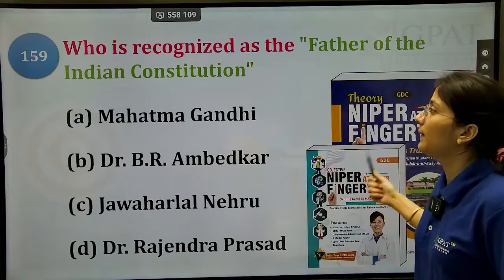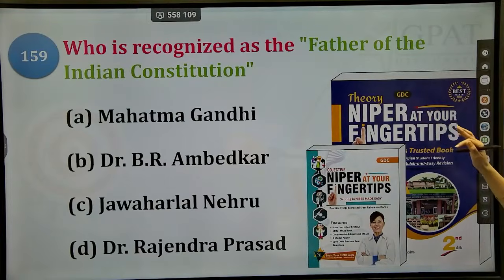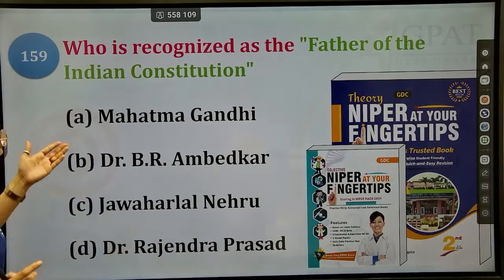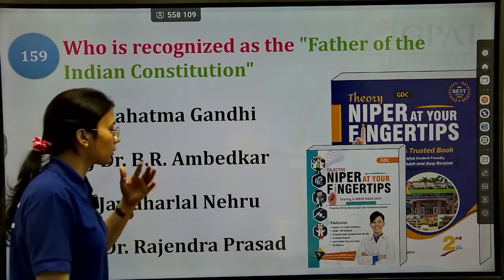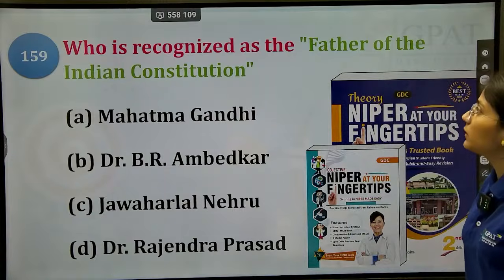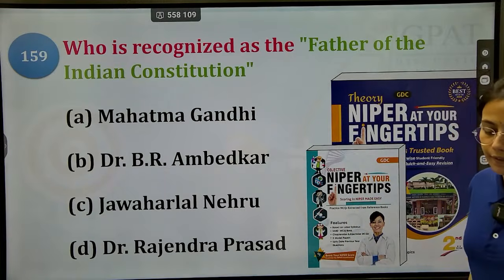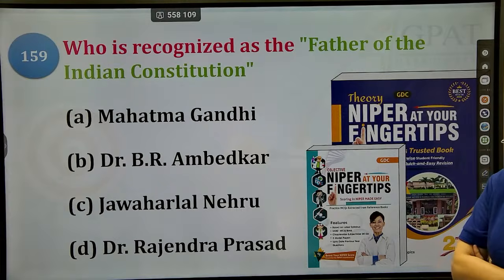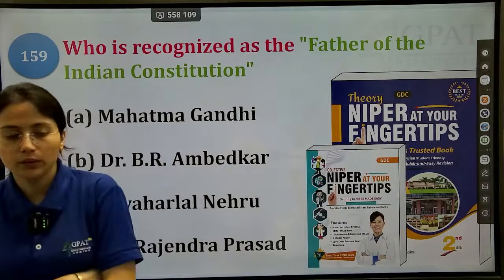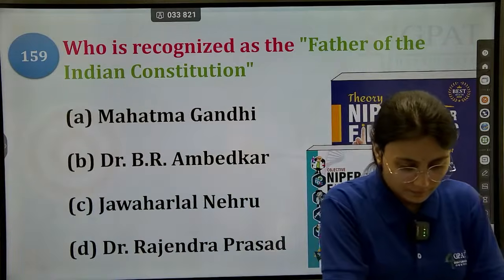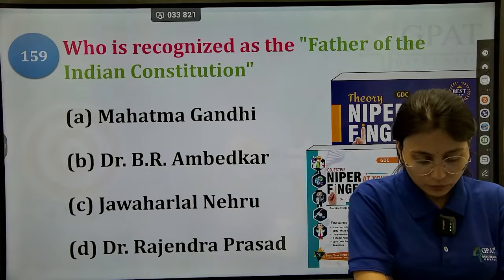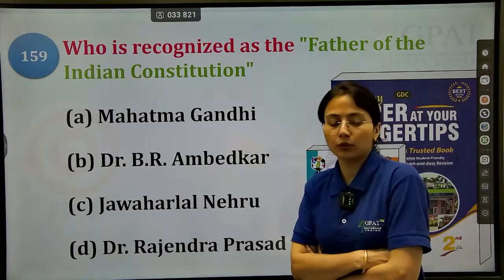For the world. Okay? Now, who is recognized as father of Indian Constitution? All you know very well. Mahatma Gandhi, Dr. B.R. Ambedkar, Jawaharlal Nehru, Dr. Rajendra Prasad. So the answer is what? Father of Indian Constitution.